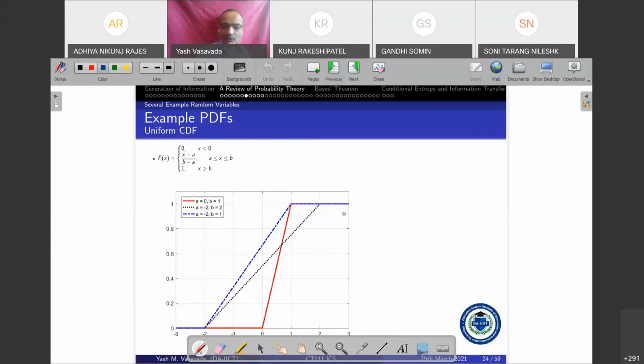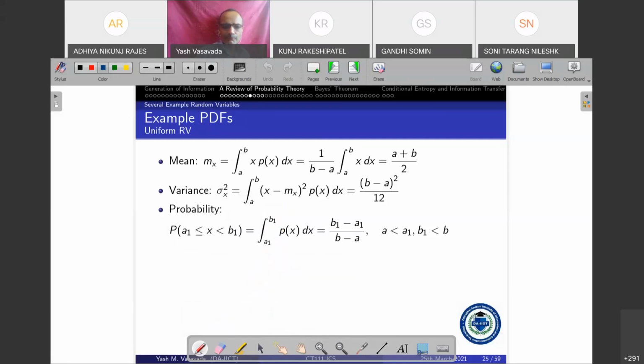So this is what the uniform CDF looks like. I'm not going to spend too much time on this. You can just plug in the formulas and determine the mean and the variance of the uniform random variable. I'll give this as your lab assignment, so maybe that time you can do this exercise on your own.